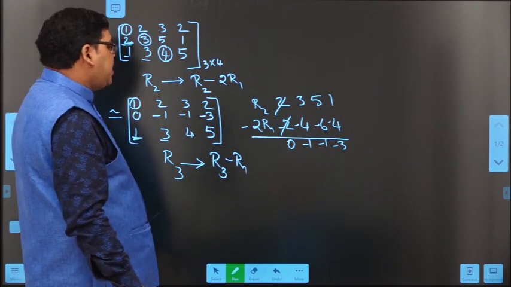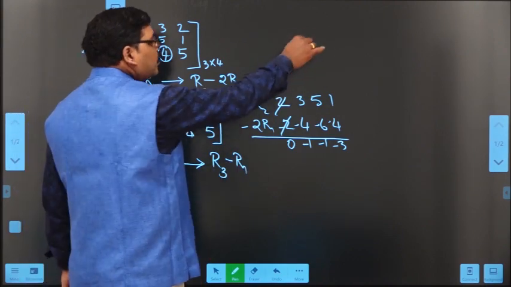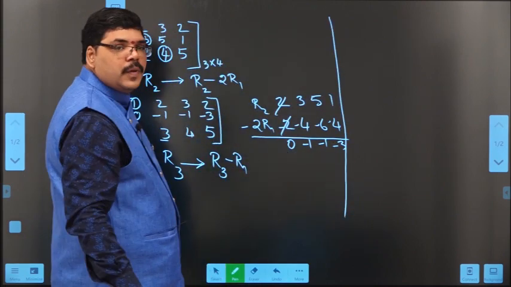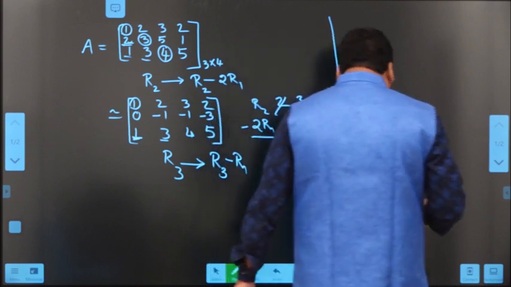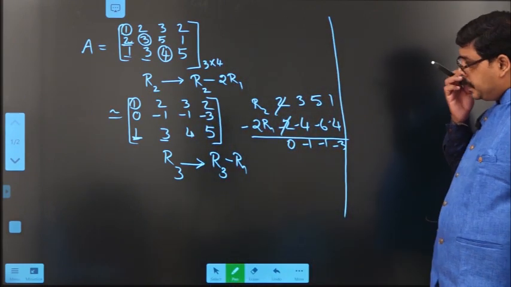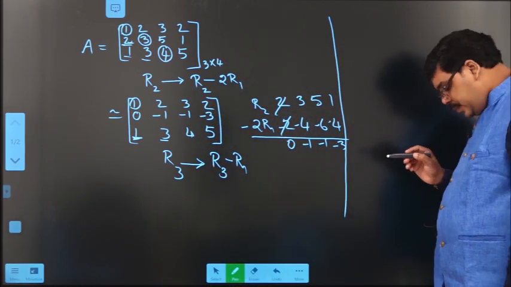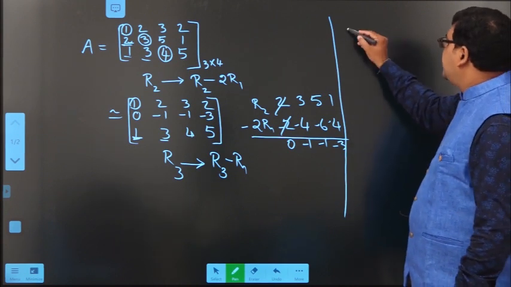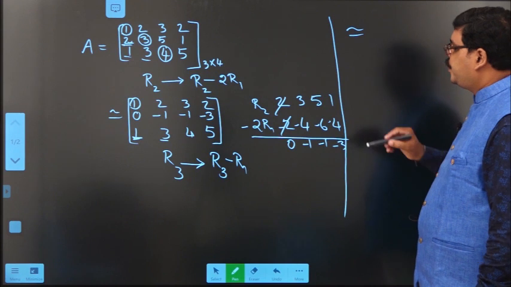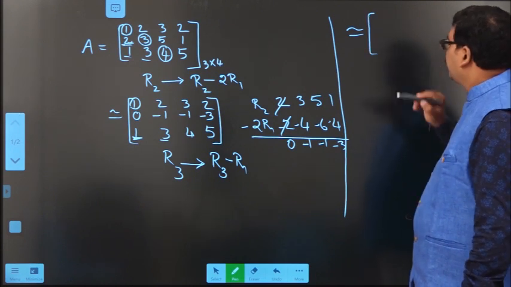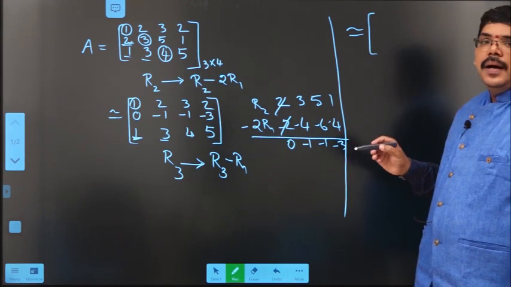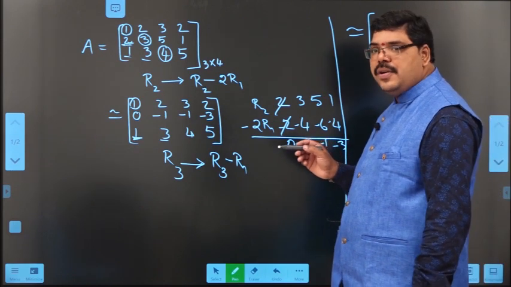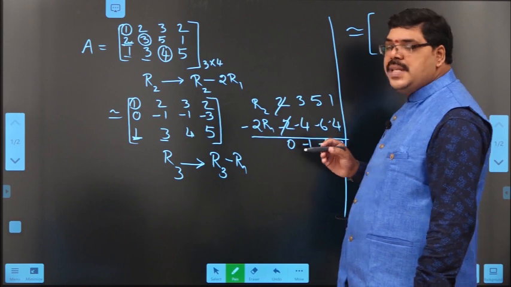So, when I apply this, the matrix reduces into, so you are applying the operation on R3. So the third row is changing.